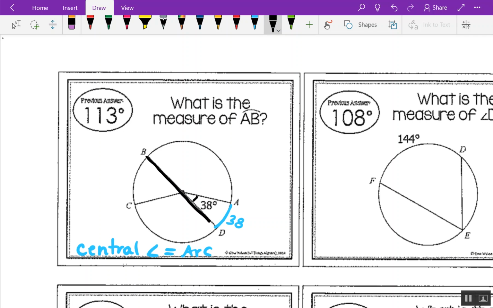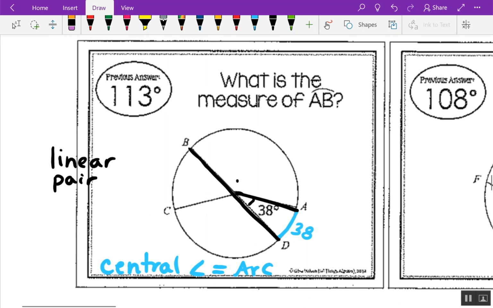Next, this is forming a linear pair. It's not vertical angles. It's not two straight lines. What's forming a linear pair? I bolded it. BD and the center with point A is forming a central angle. So the 38 with this dot is forming a linear pair.